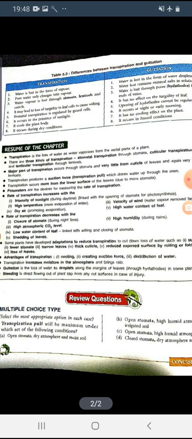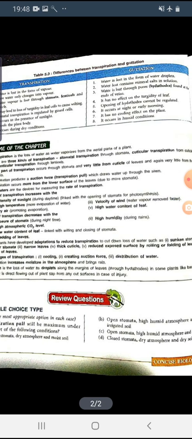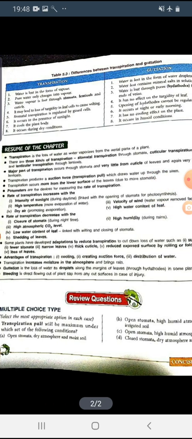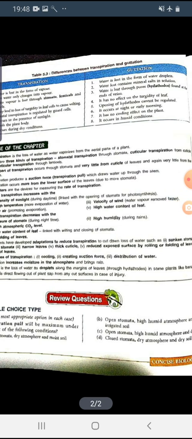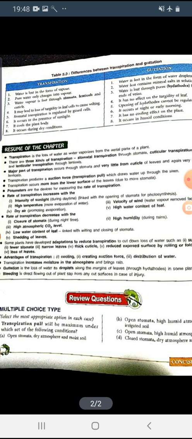Next, stomatal transpiration is regulated by the guard cells, and the opening of the hydathodes cannot be regulated. Transpiration occurs in the presence of sunlight, and guttation generally occurs in the early morning or at night.